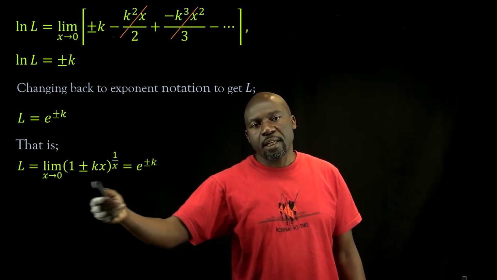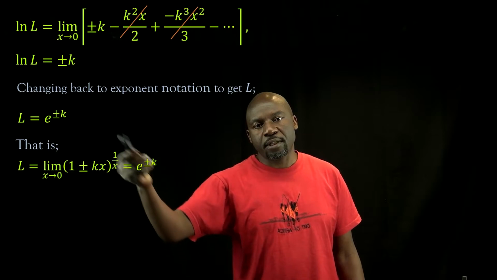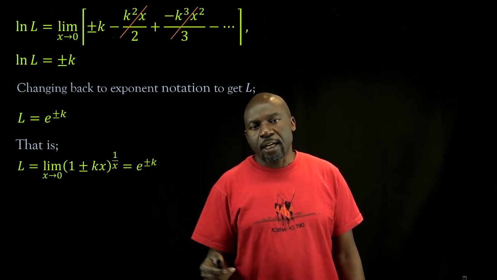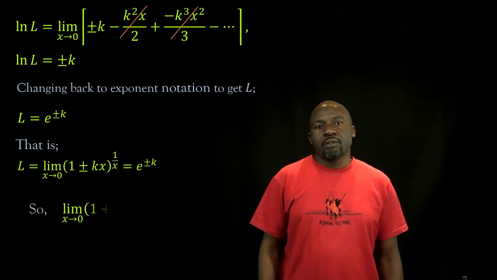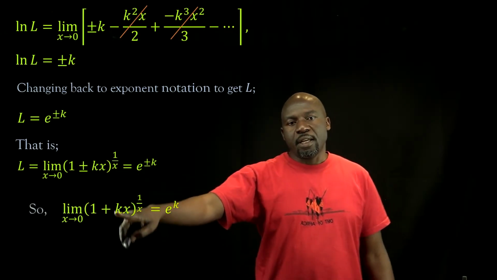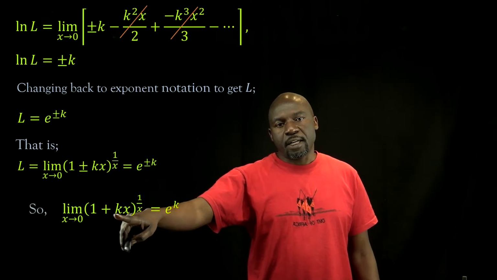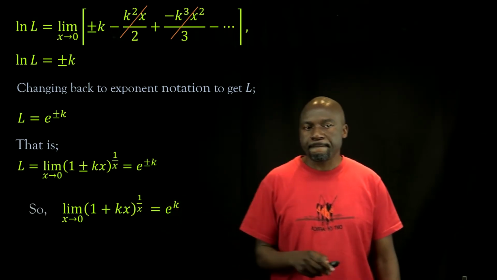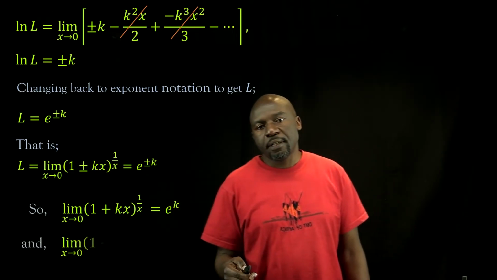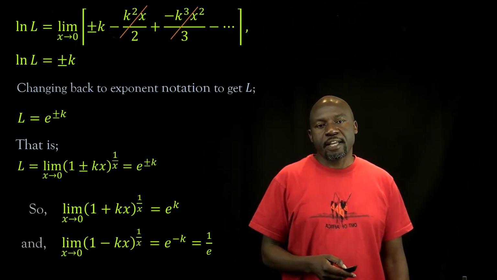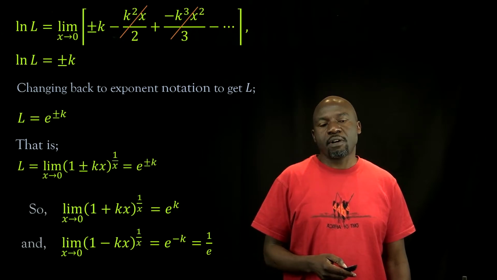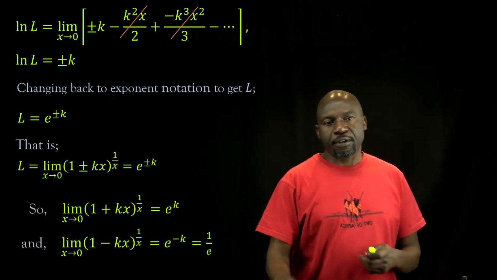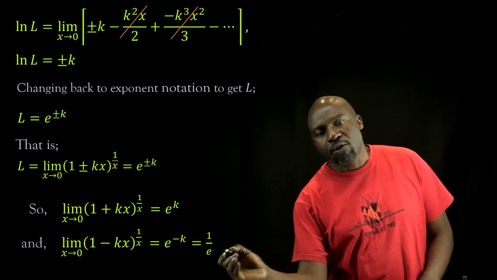So we are saying this expression can be written as that, which is also to say that if we just take the positive side, the limit of 1 plus kx power 1 over x is e power k, and the limit of 1 minus kx power 1 over x is e power negative k, which is 1 over e power k.